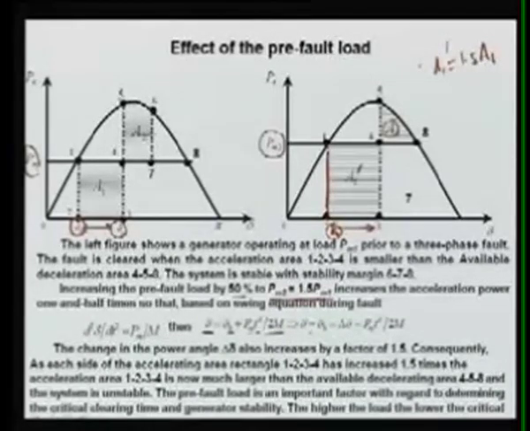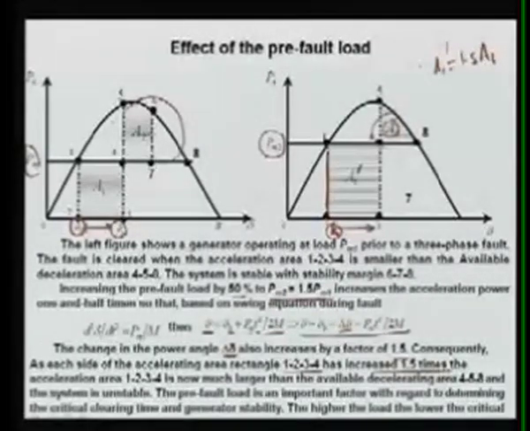Here we can see that the change in the power angle delta also increases by a factor of 1.5. Consequently, the oscillating area, rectangle 1, 2, 3, has increased by 1.5 times. The oscillating area 1, 2, 3 is now much larger than the available de-oscillating area 4, 5, 8; this area is much less compared to that area.